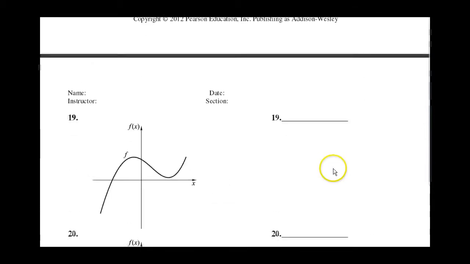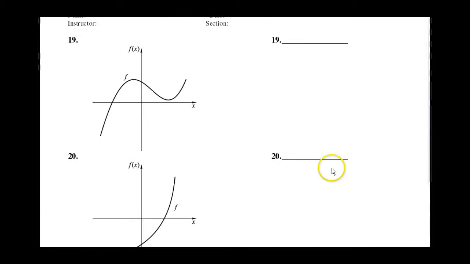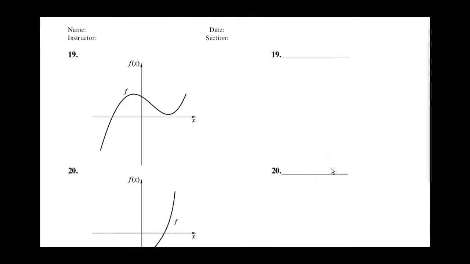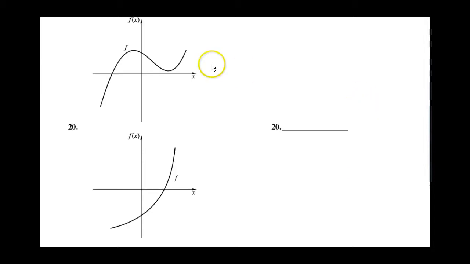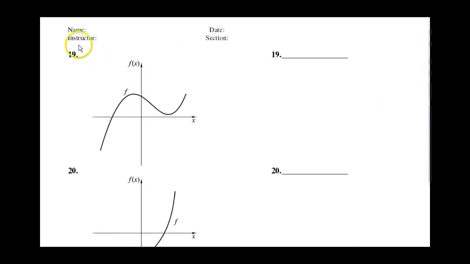Let's raise it up. Now, as we look at example 19, does this pass the vertical line test? Yes. But does this pass the horizontal line test? No. So this is not a one-to-one.